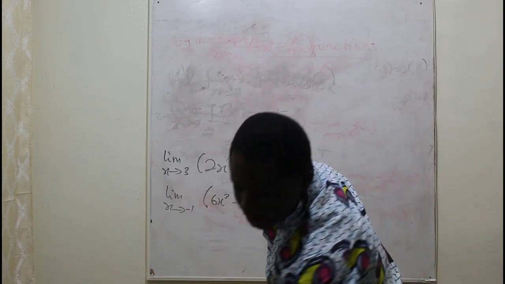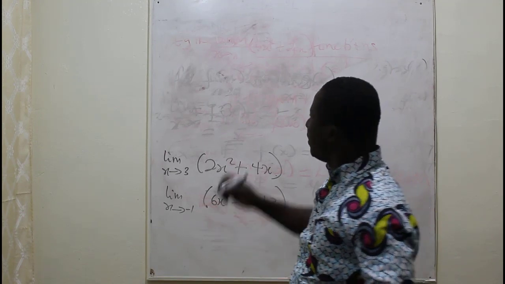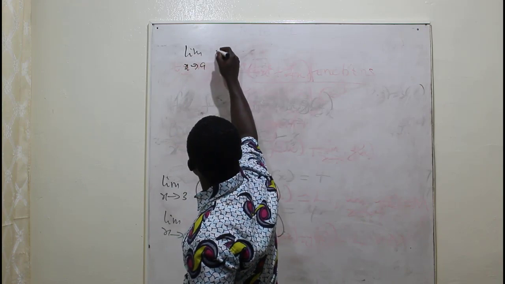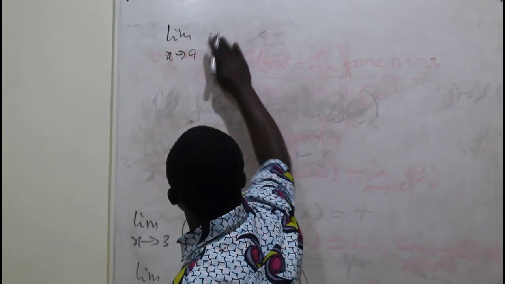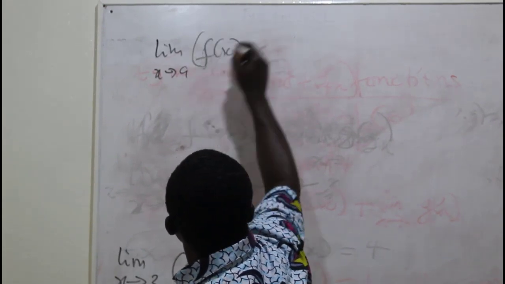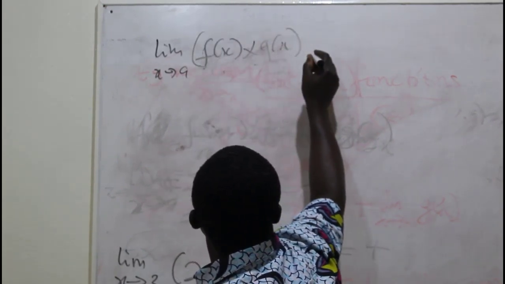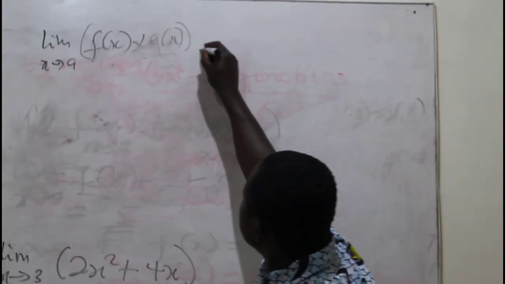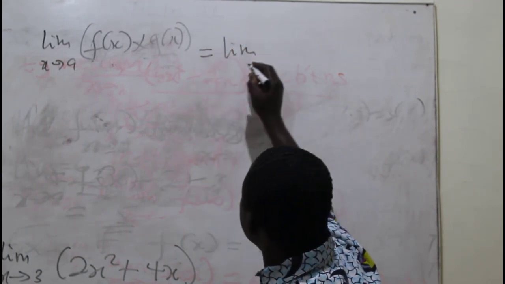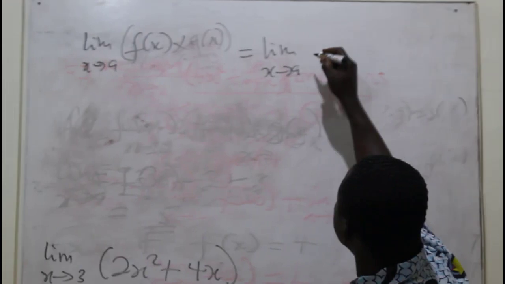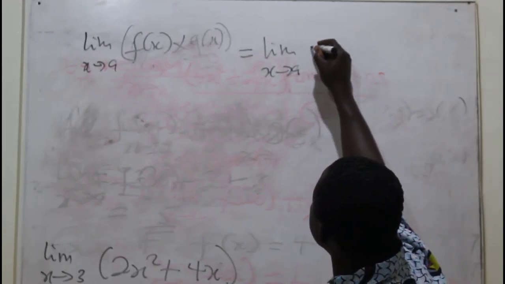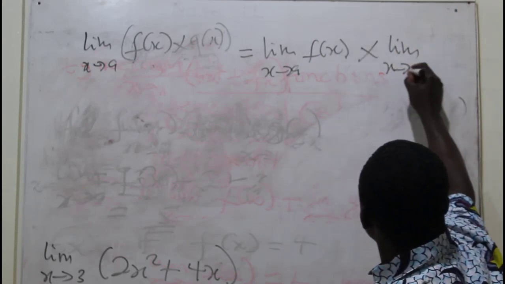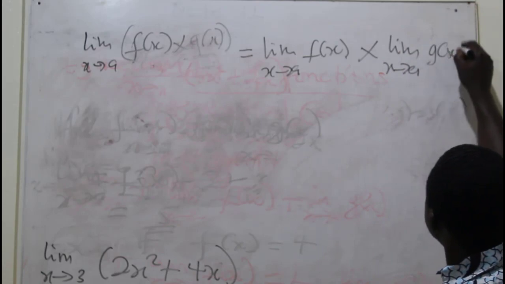What Theorem 3 says is that if you have the limit as x approaches a of the function f of x multiplied by g of x, then it's going to be the limit as x approaches a of f of x times the limit as x approaches a of g of x.